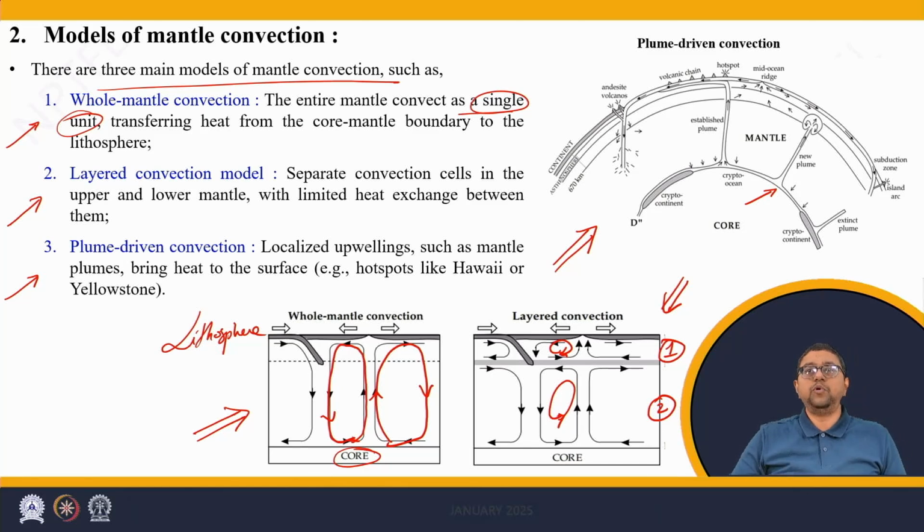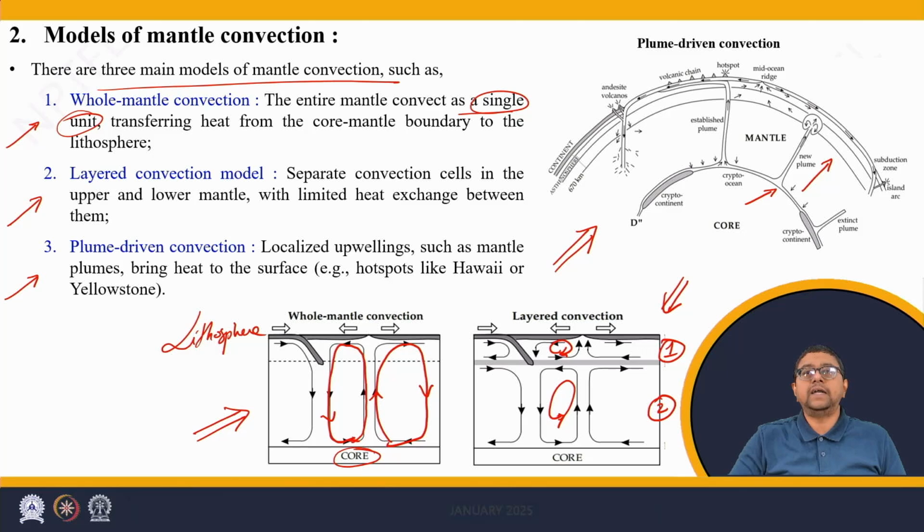Consider this plume. This plume occurs when a small region near the core mantle boundary becomes excessively hot and it destabilizes and forms the plume. This plume then rises throughout the mantle up to the surface or the lithosphere.